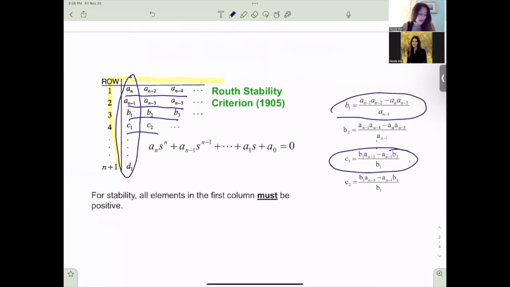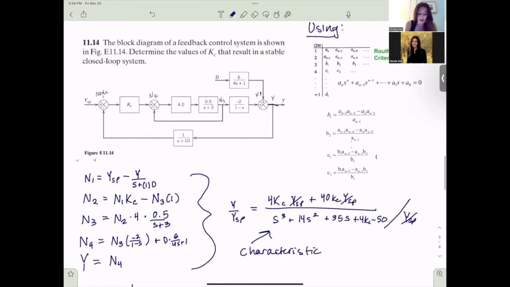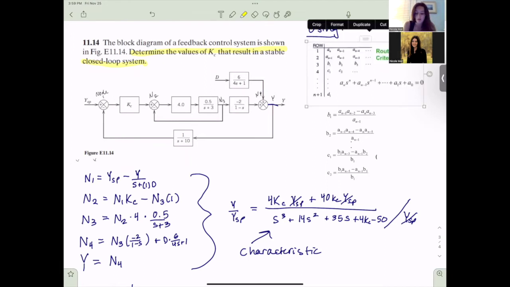So I think the best way to learn this is going to be putting it into practice. So I have an example problem here. We're looking at a feedback control system, and we have the block diagram for it below. We want to determine the values of Kc that result in a stable closed loop system. What that really means is what values of Kc will make that first column of this table positive.